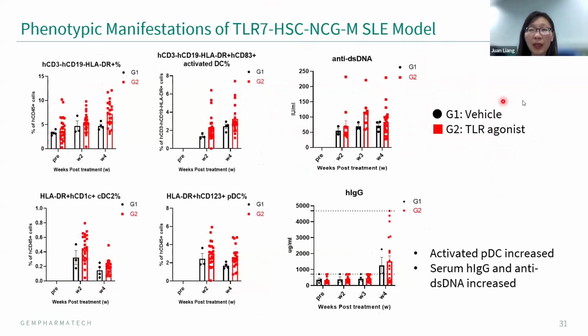And as I mentioned, the PDC cell is very important for the development of SLE. So in our mouse model, we also observed an increased level of PDC cells after we treat the mice with the TLR7 agonist. And after treatment with TLR7, we could observe increased levels of anti-double-stranded DNA and IgG. Those serum parameters, anti-double-stranded DNA and IgG, are very important indicators for the development of SLE.